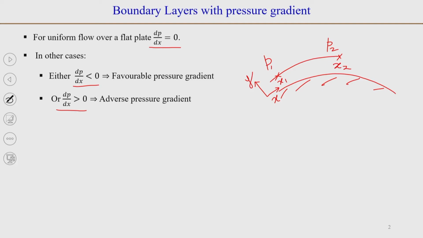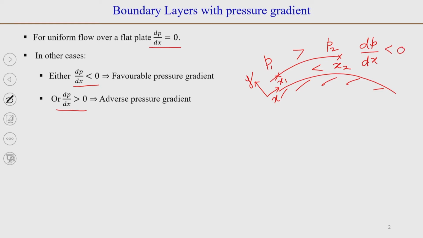Now, x2 is greater than x1, and if P1 is greater than P2, then dP by dx is less than 0, because P1 minus P2 and x1 minus x2 will be of opposite sign.